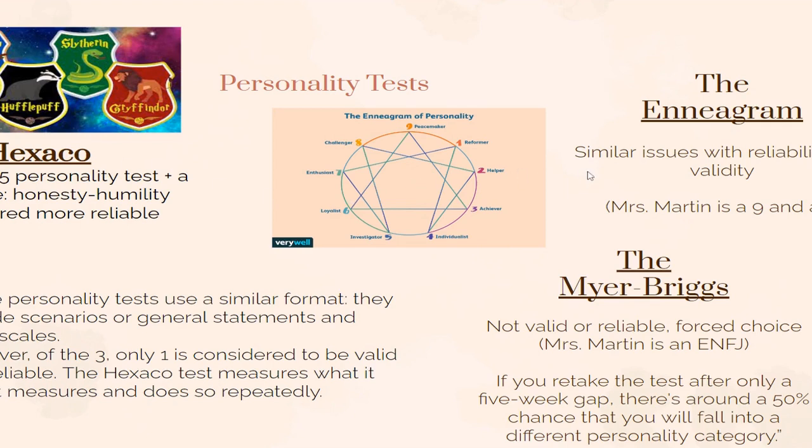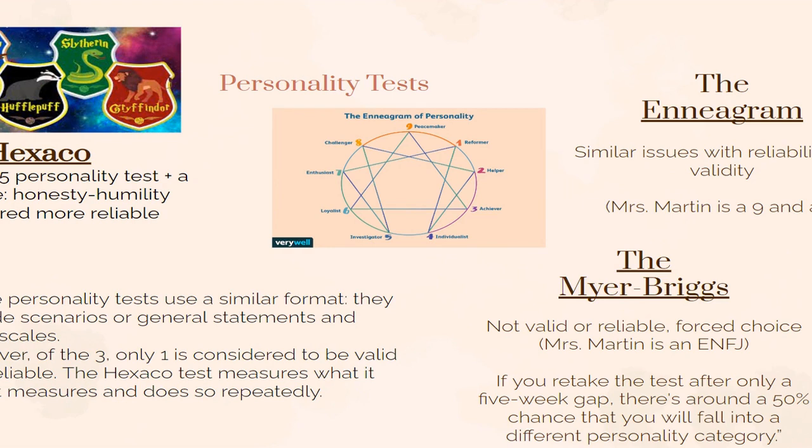Meanwhile, the ones you're probably more familiar with are the Enneagram and the Myers-Briggs personality test. And both of these tests are super, super popular. They're really fun to do, honestly. I don't know my HEXACO score off the top of my head, but I know my Enneagram and my Myers-Briggs off the top of my head. However, they've been shown not to be super reliable or valid.